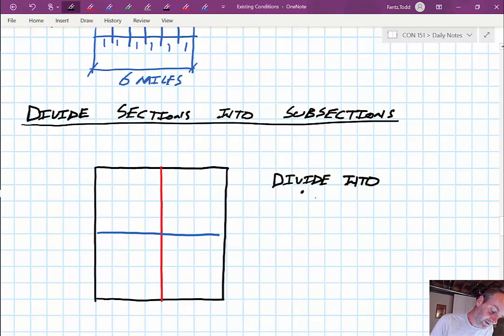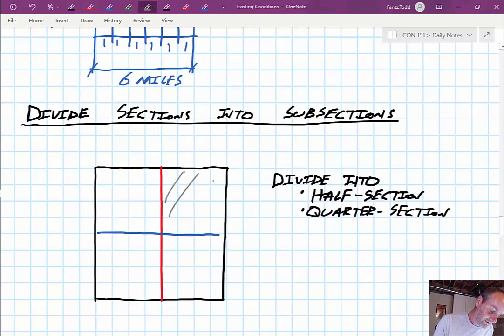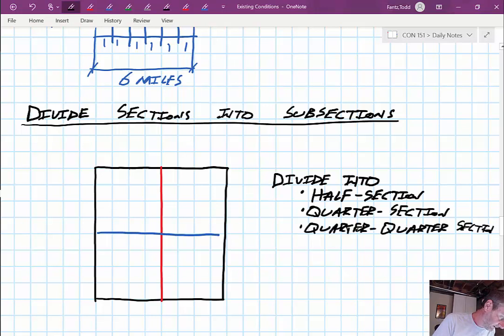I could divide it into a half section, so I might be looking at something like that. I could divide it into a quarter section, of course, now we're saying something like that. And I could divide it into a quarter of a quarter section, so that would be something like this, if we divided that into a quarter.